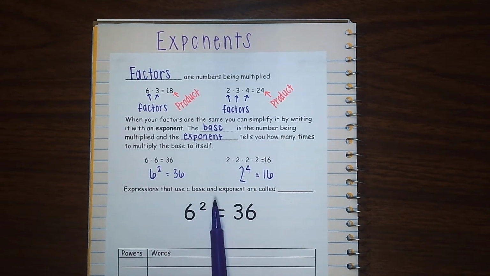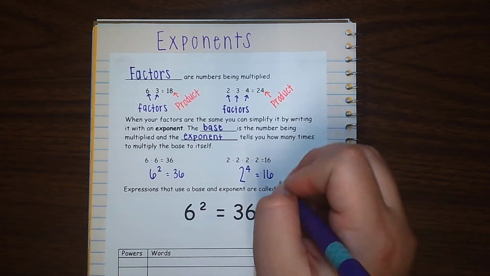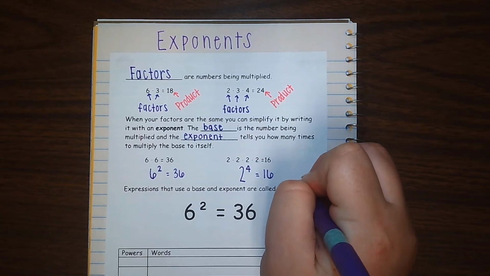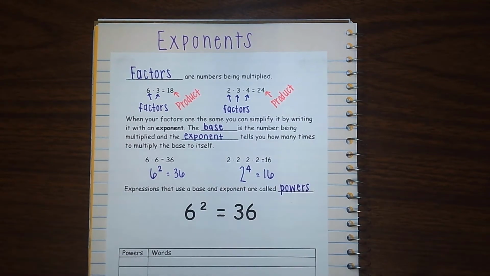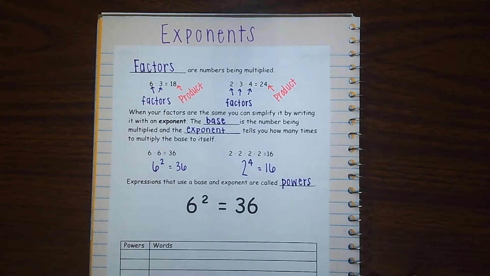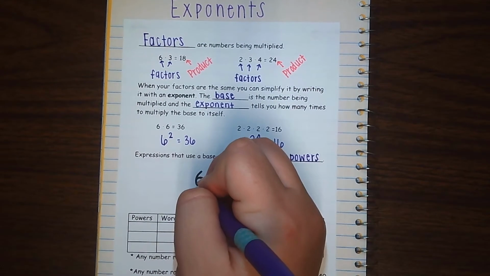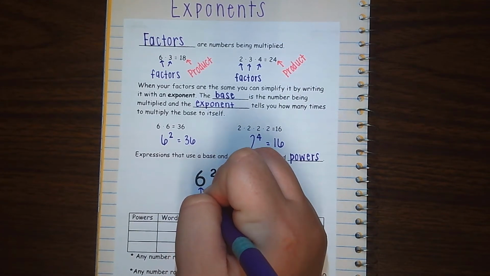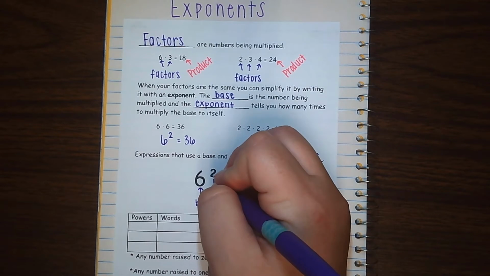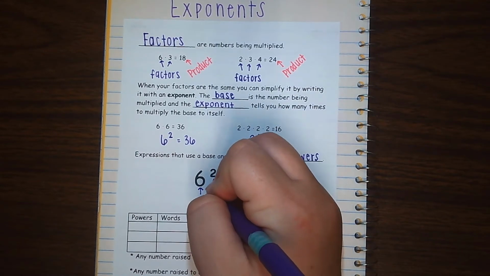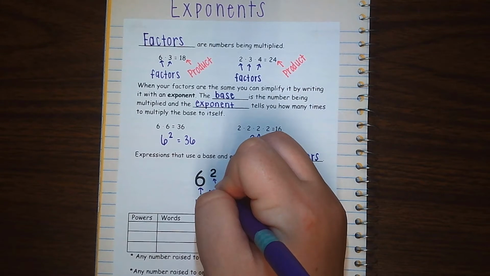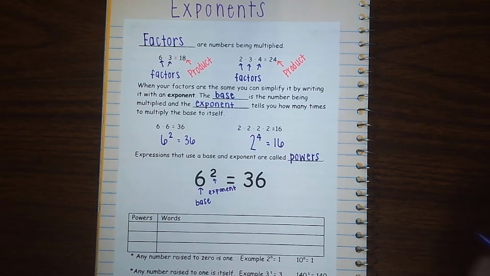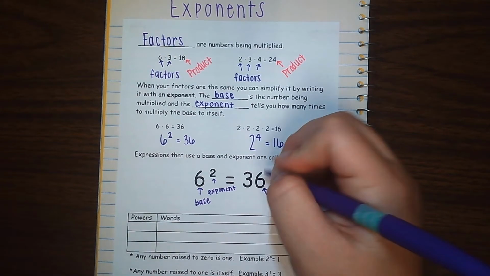Expressions that use a base and an exponent are called powers. P-O-W-E-R-S. So we have our 6, which is our base, our 2, which is an exponent, and our 36 is still called a product.